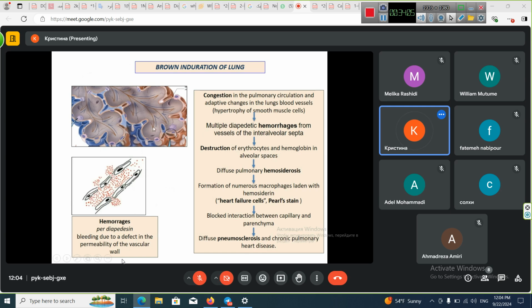But now the hemorrhage, bleeding happens, and blood starts to go to the inner space of alveoli.